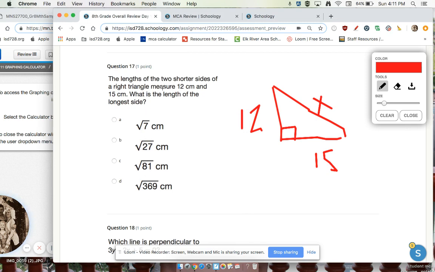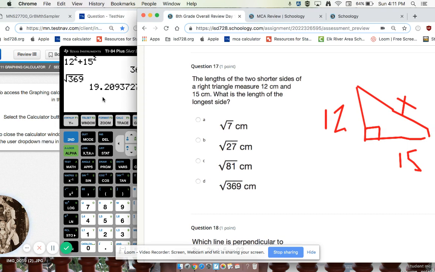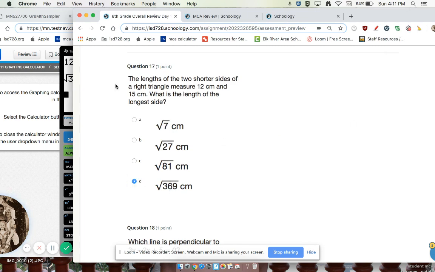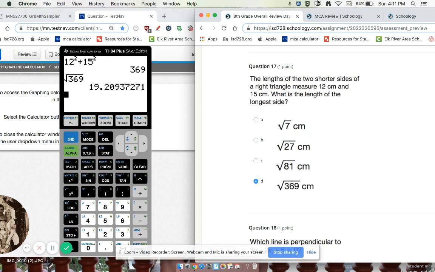They're all in the radical form, which means square root form. So now what you could do is I see that here's my square root of 369 and here's the square root of 369. They just didn't hit the enter button. So you could do that. Or what you could do is also find the match.